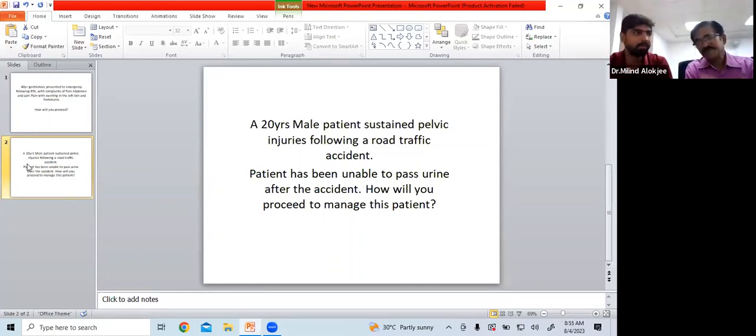Sir, there were a lot of discussions earlier about immediate repair versus early repair. Exactly. What I know is that previously we used to go for primary anastomosis, but that has complications like urinary incontinence and impotency. So now it is preferred to go for delayed repair.